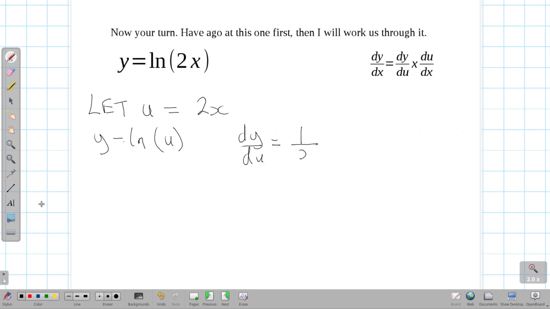Whoops, careless. It's my fault for introducing the word x into the conversation. And then the other term, du over dx equals the derivative of 2x, which is simply 2.